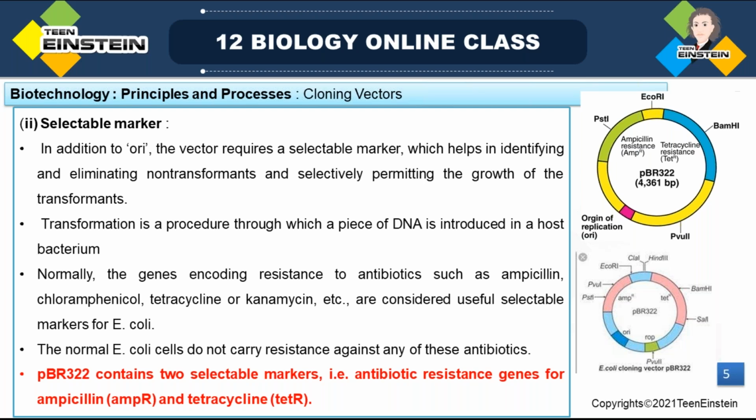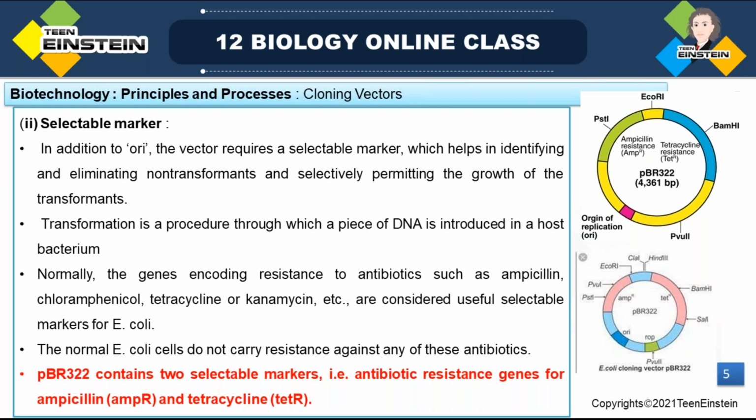It will code for a protein and that will give resistance to ampicillin. When we introduce those E. coli cells into a medium which has ampicillin, will anything happen to them? No, because they have the ampicillin resistant gene in them.